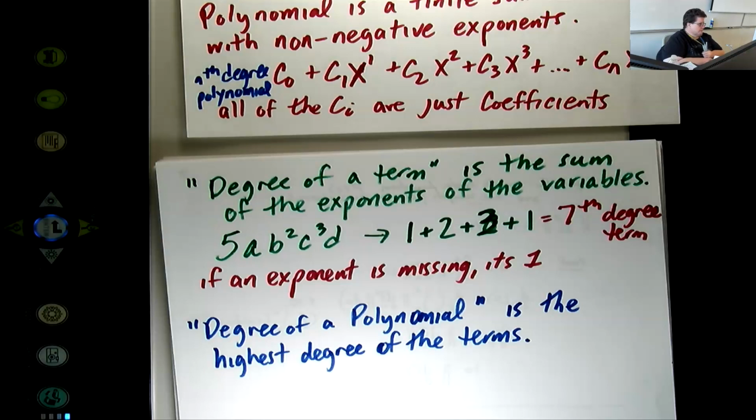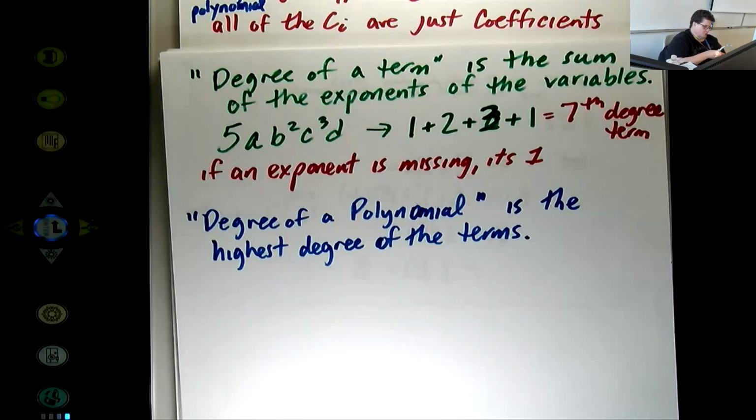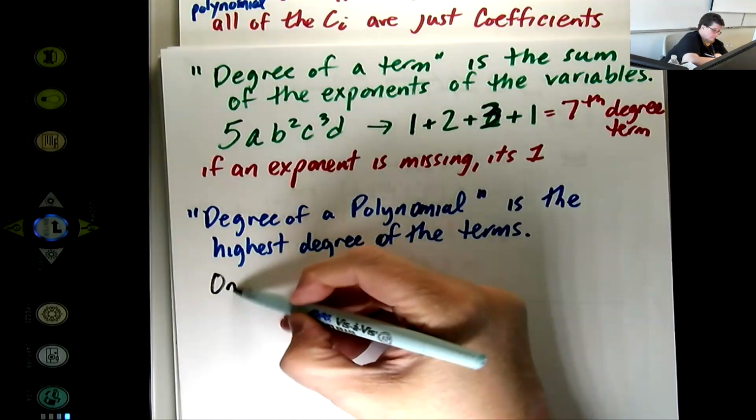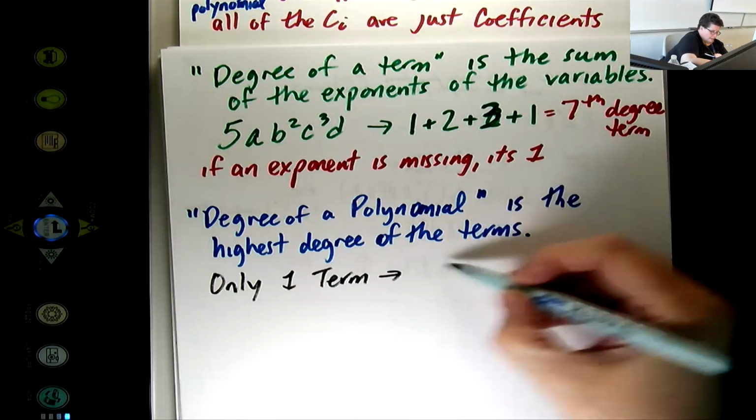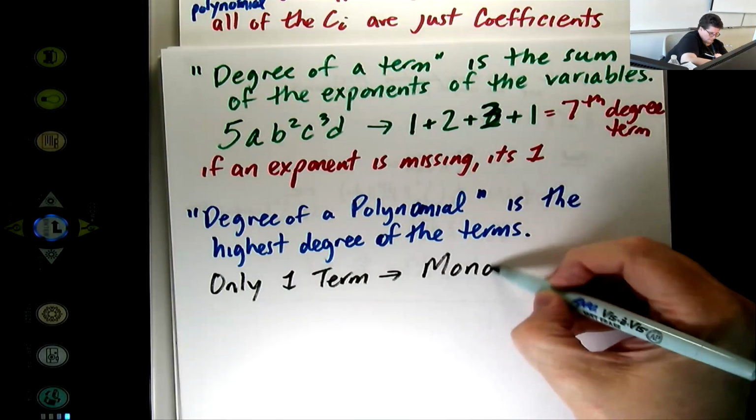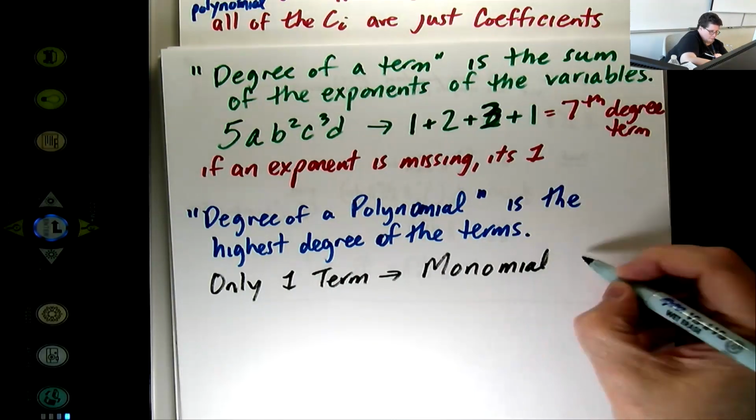Poly means many. We do have different names for when there's fewer terms. When there's only one term, we call it a monomial, like mono.